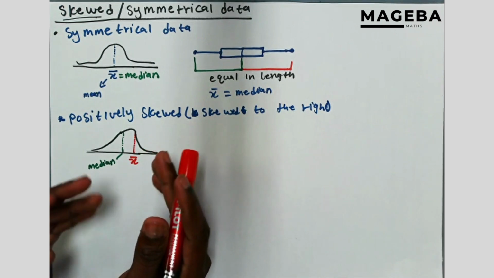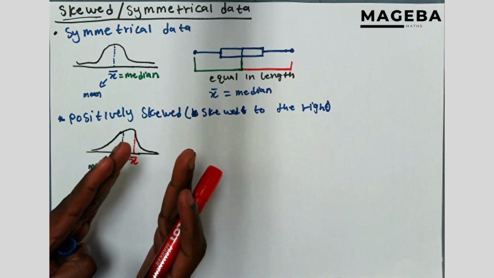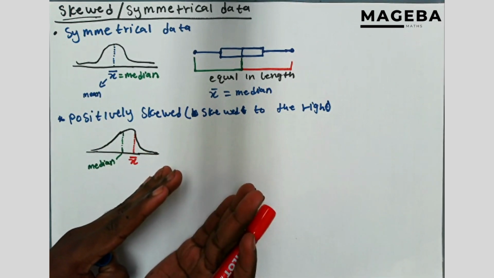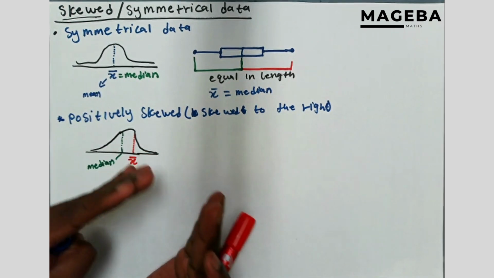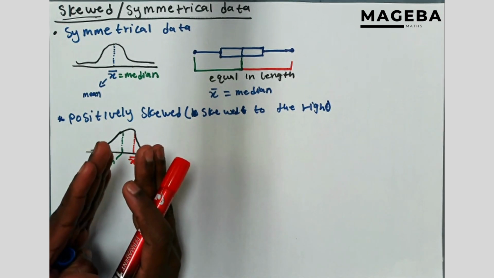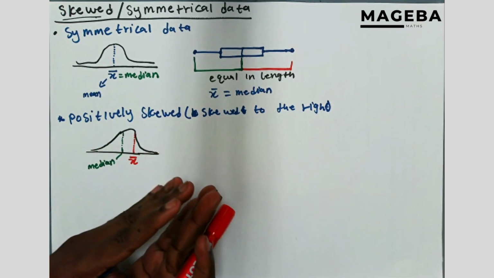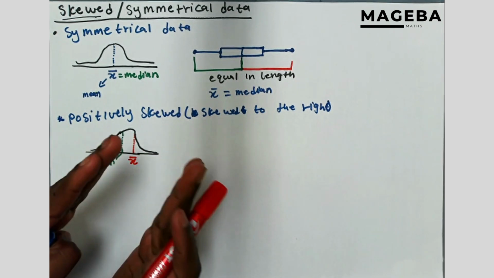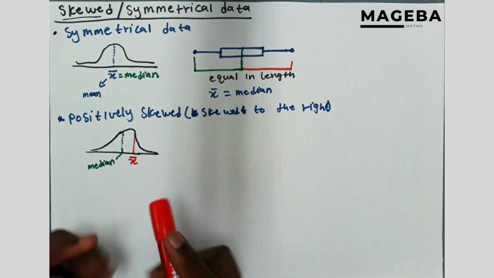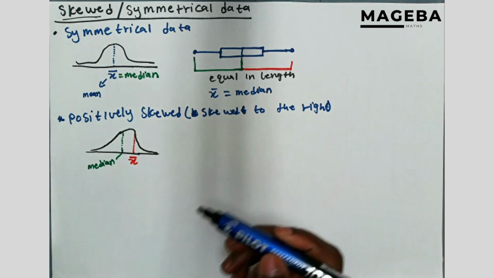I hope you see my mountain is more skewed to this side, or it's more falling to this side. I hope you can see that difference, that my mountain here is more or less falling to this side, to the positive side. And then now let me go to the box and whisker. Let me try to draw the box and whisker.